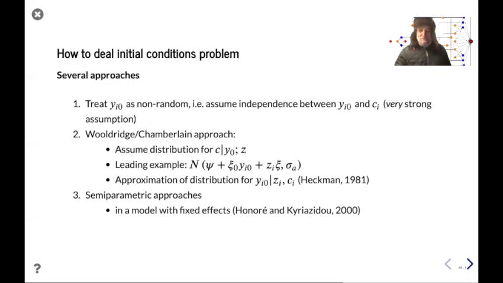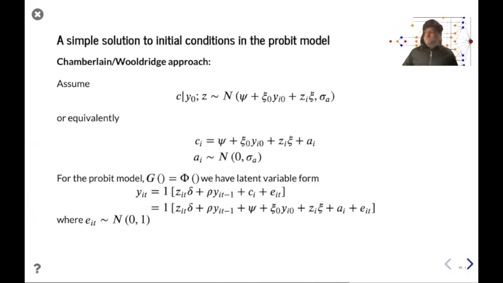Okay. So back to Wooldridge-Chamberlain. This is a simple solution to this initial condition problem. Actually, the title of Wooldridge's paper, I think, is something like A Simple Solution to the Initial Condition Problem. So what we'll specifically assume is that C conditional on the initial condition and the strictly exogenous variable set is normally distributed.